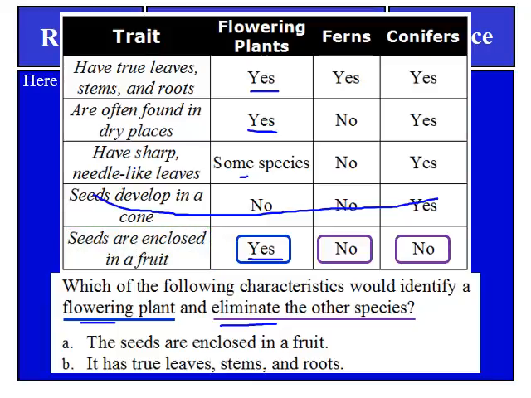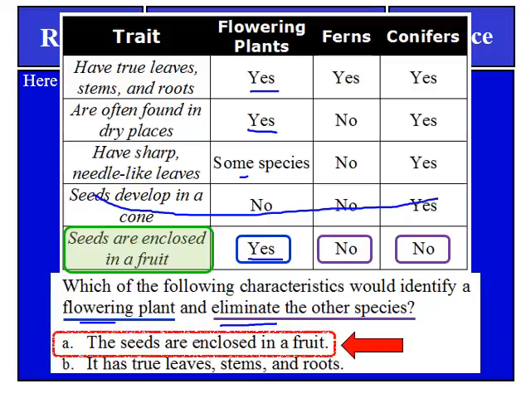So our seeds are enclosed in fruit, is a flowering plant, it's not a fern, and it's not a conifer, so it eliminates the other species. None of these other species have no and no in this category, so it needs to be flowering plant, and it eliminates all other options.